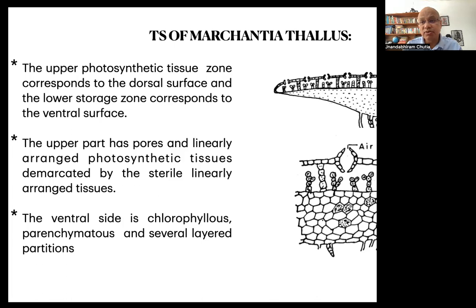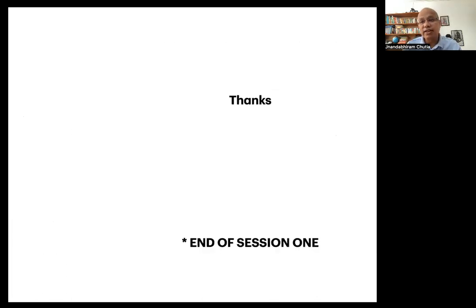This envisages one point, that in higher plants we find the parenchymatous tissues help to grow the girth or the height of the plant, and they have different layers of partitions. So with these few observations, we can come to one fact, that the bryophytes evolved from the algae. Though they evolved from the algae, they were the first land plants which tried to colonize the Earth's surface.